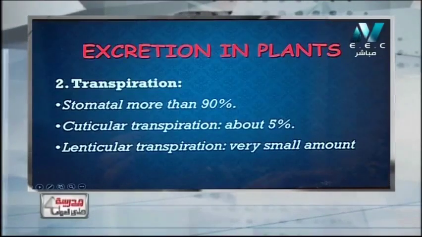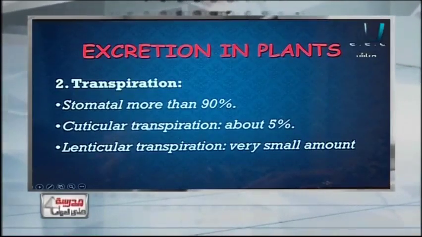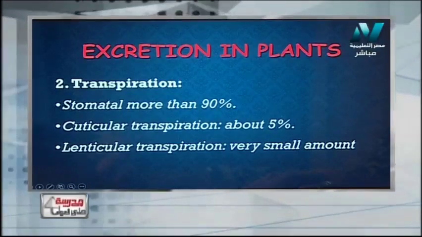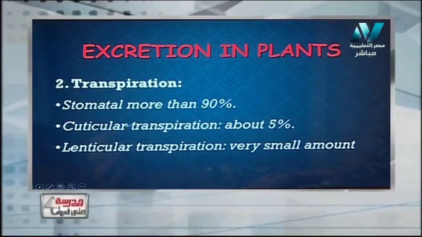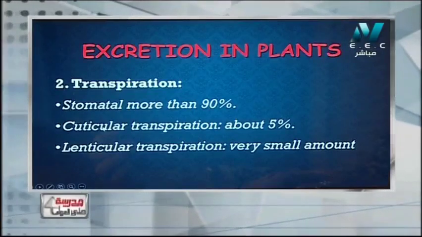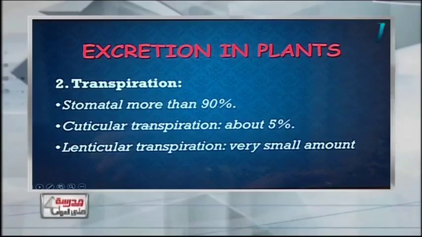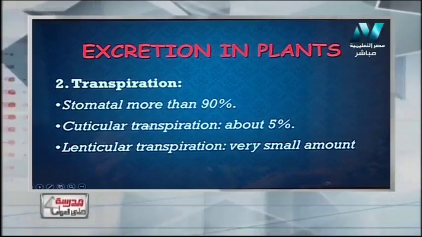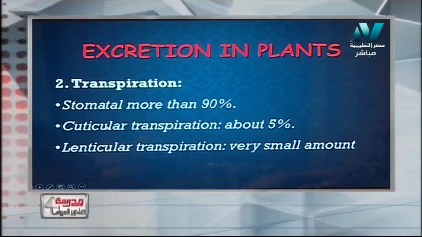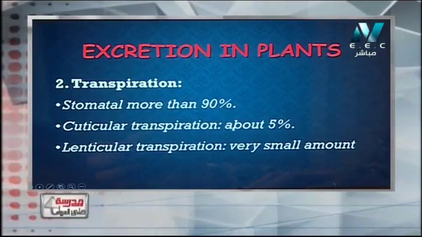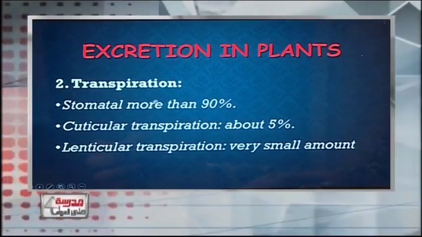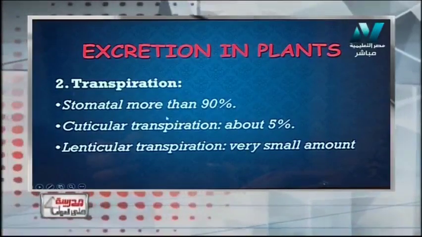And the cuticle layer must prevent the evaporation of water. But sometimes the cuticle layer is missing in certain parts, and these parts are where the water vapor comes out from. So we call this transpired water cuticular transpiration.